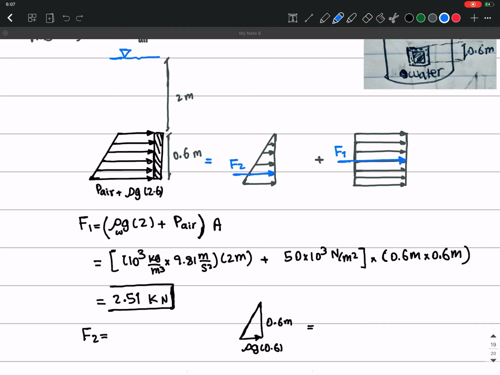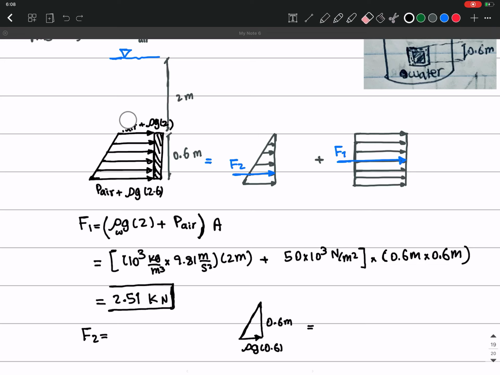If you subtract the pressure at the top, which is P air plus rho g times 2, right? If you subtract this from this, these two are going to cancel out.